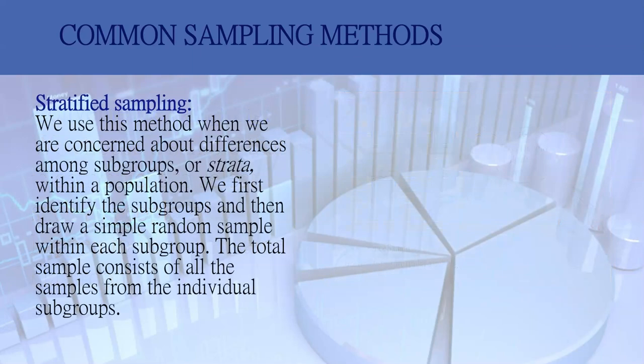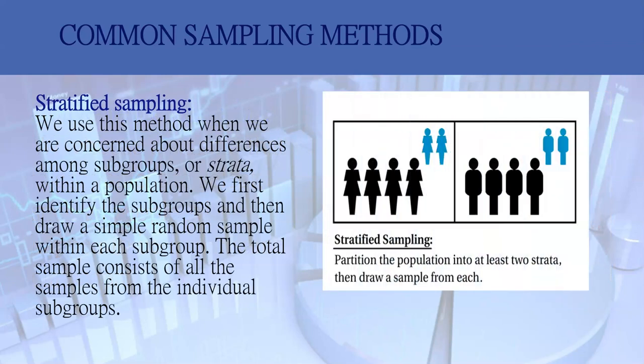And then there's stratified sampling. Stratified sampling is when the items that you're being picked from in the sample would naturally divide themselves into subgroups. You might have 2 subgroups, you might have more, but they naturally divide themselves up.